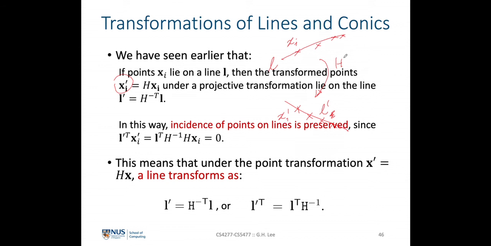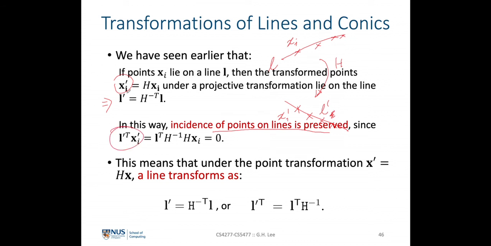The transformation of the point would be given by x prime equals H multiplied by xi, and the projective transformation of the line would be given by this expression over here, in order for the incidence of the points on the lines to be preserved, given by this equation.